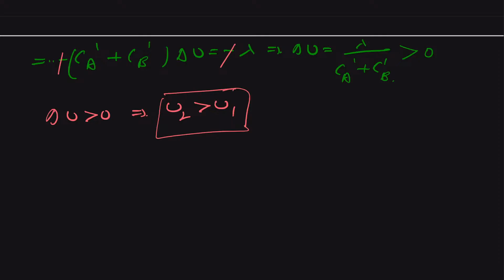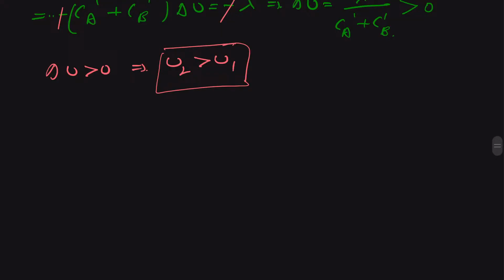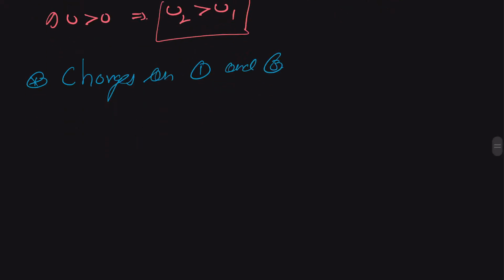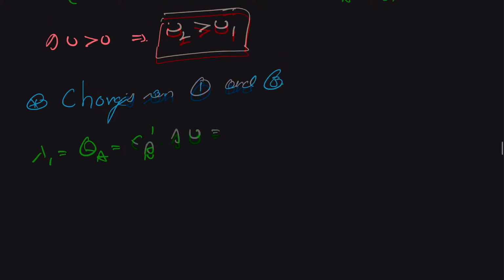Now, let's calculate the charges on shell number 1 and shell number 3. So we can say for shell number 1, that is our lambda 1 is equal to our QA, and that will be our CA prime times delta V. We already know our CA prime as well as delta V, okay.